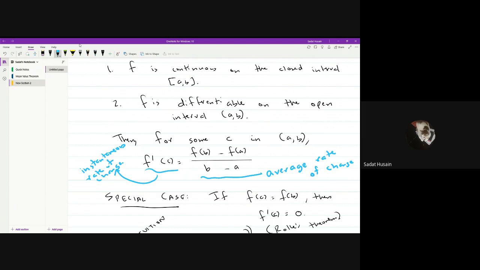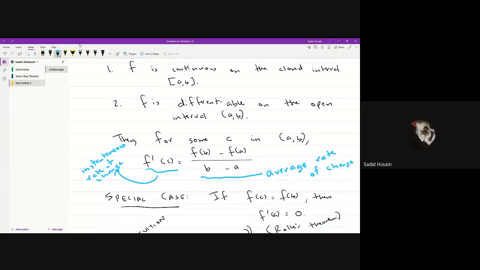What is the rate of change at that moment? When the two are equal, the mean value theorem says that at some point, if f satisfies the two conditions, at least at some point the instantaneous rate of change and the average rate of change have to be the same.